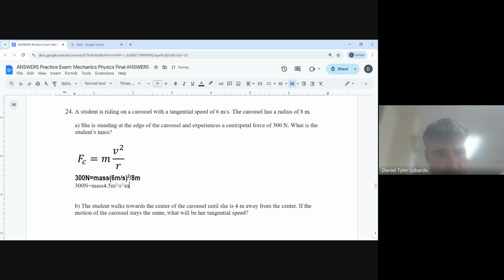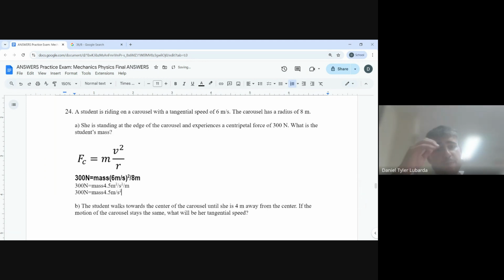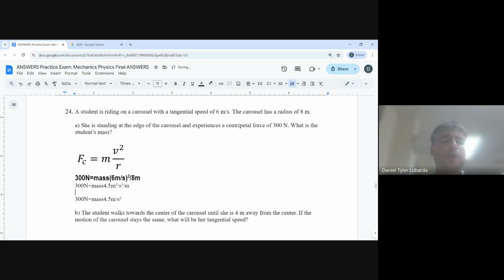So what that is going to do is cancel out to meters per second squared. Next, we have to do 300 newtons divided by 4.5 meters per second squared.